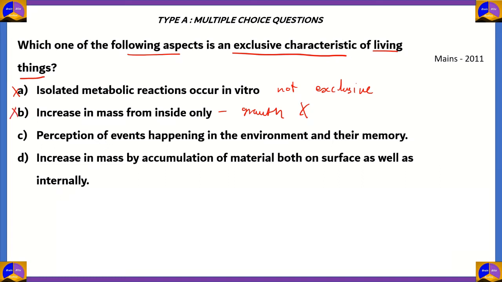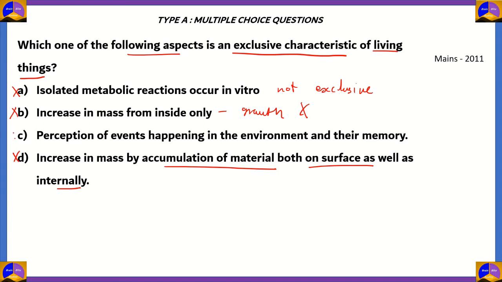Now the reason why growth is not exclusive is that increase in mass can also happen by accumulation of material, both on surface as well as internally. So that means non-living things can also grow when you have accumulation of material, or whether you pump material inside, like for example blowing into a balloon. So that means option D is also incorrect.